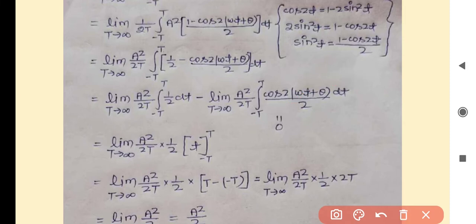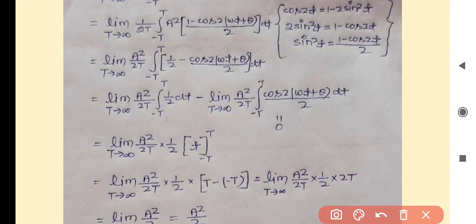We have to integrate only this term. 1 by 2t comes out of the integration, and the integration of t power 0 will become t from minus t to t. When I put the limits, upper limit t minus lower limit minus t, this will become 2t, and this 2t and this 2t cancel.